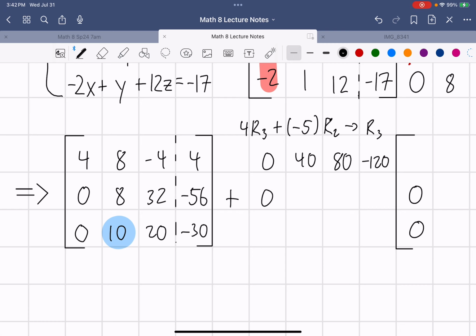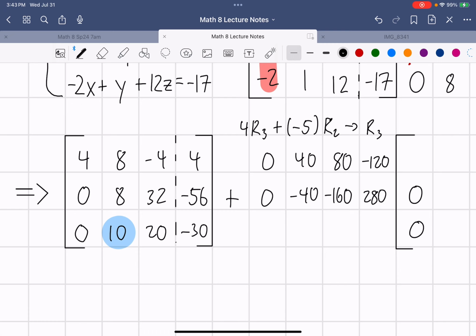0, negative 5 times 8 is negative 40. 32 times negative 5 is going to give me negative 160. And then negative 56 times negative 5 gives me positive 280.